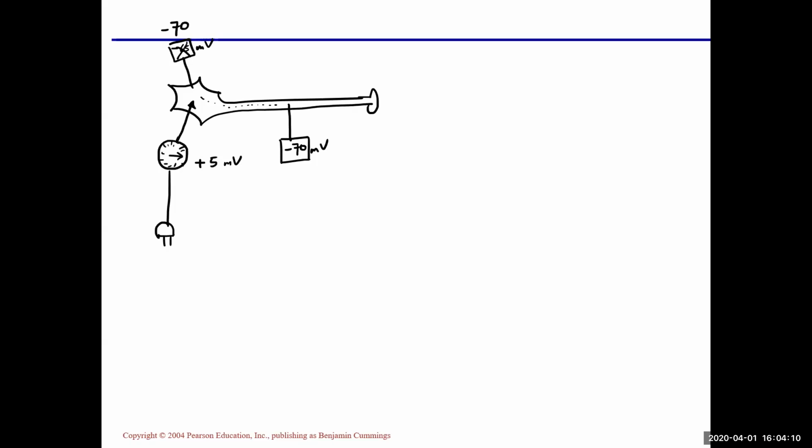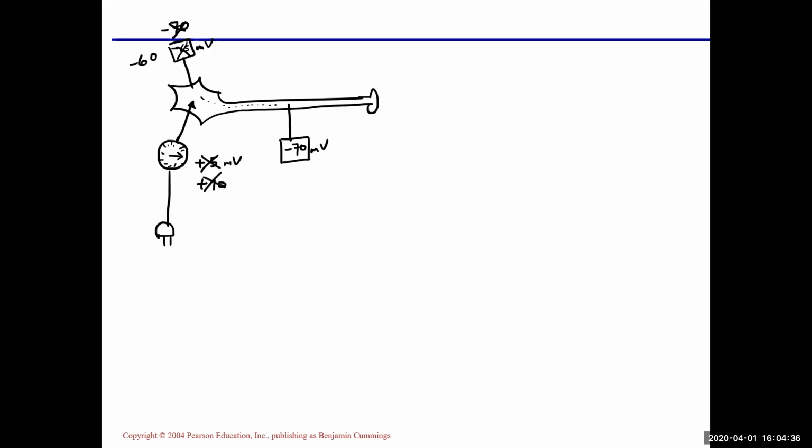Again, it pumps more positive ions out as opposed to potassium coming in. So again, it restores it back to -70. Now, if I zap this at +10, a similar thing is going to happen. In other words, in here it is now going to read -60, and again, that's not going to change either.